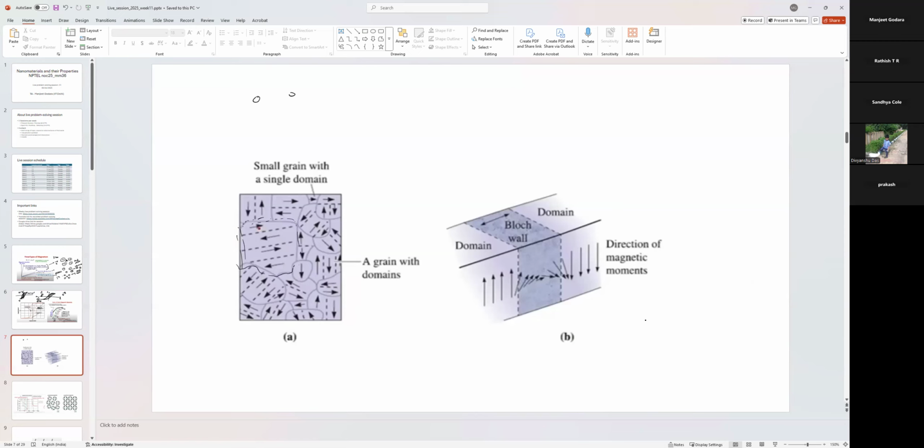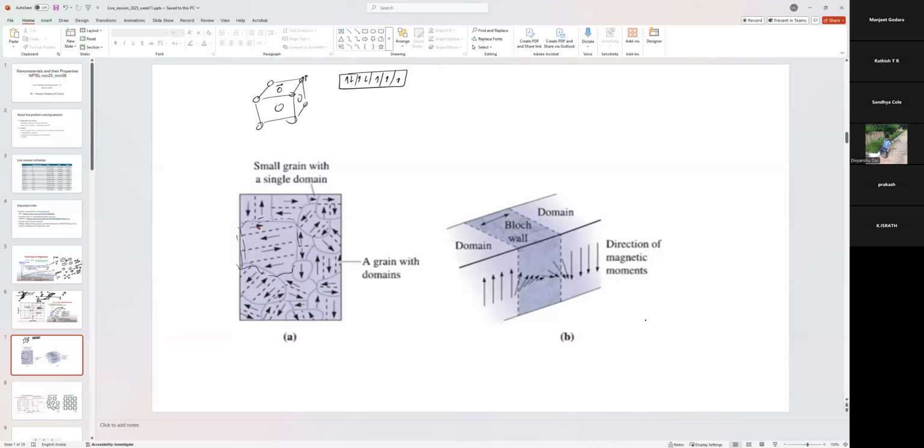In each of these substances, you have unpaired electrons. So each of these atoms has a small magnetic field.